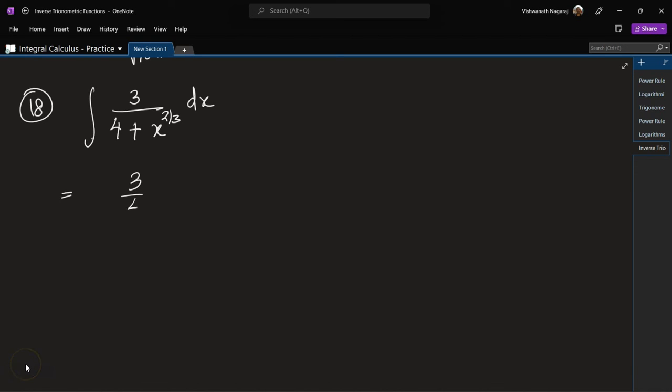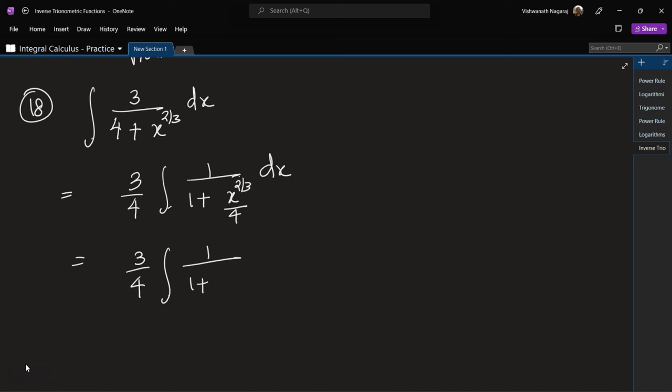Okay, 3 by 4 we take it out. We are left with 1 by 1 plus x to the power of 2 by 3 by 4 dx. This becomes 3 by 4 integral of 1 by 1 plus, this is a square, this can be written as 2 squares, so x to the power of 1 by 3 by 2 square dx.